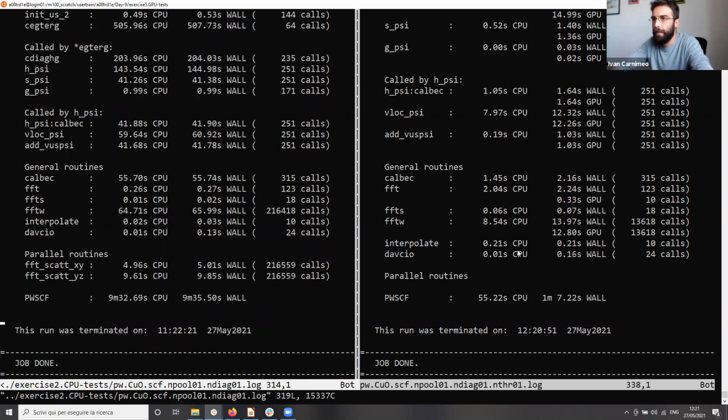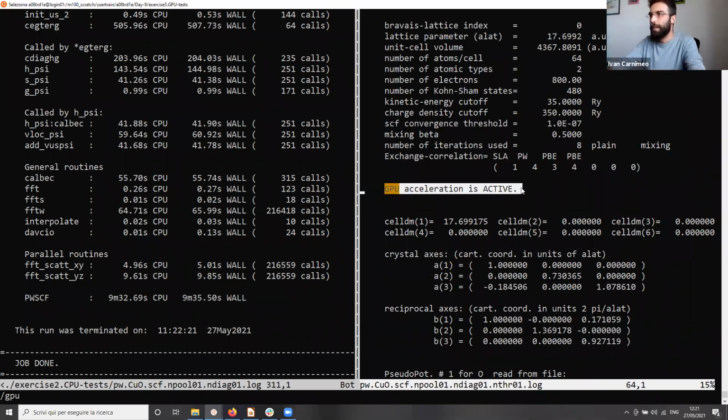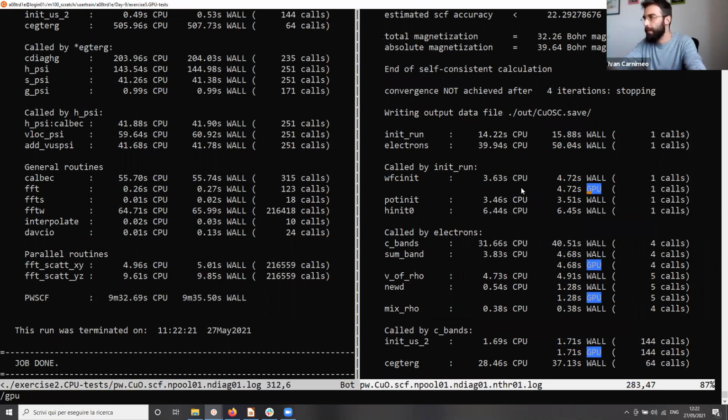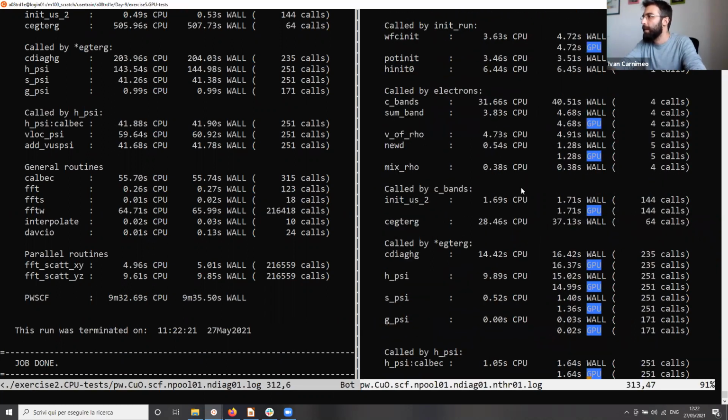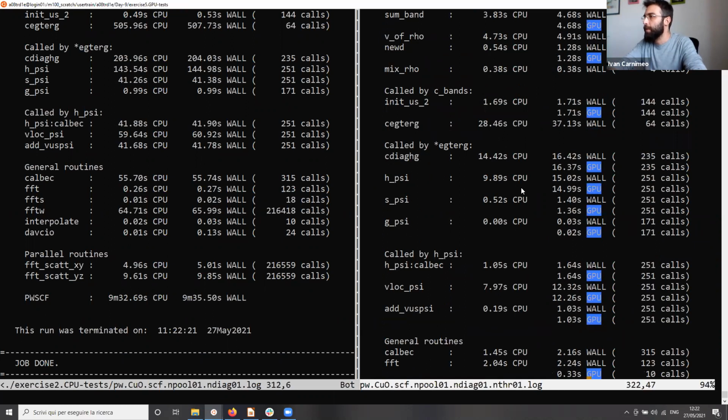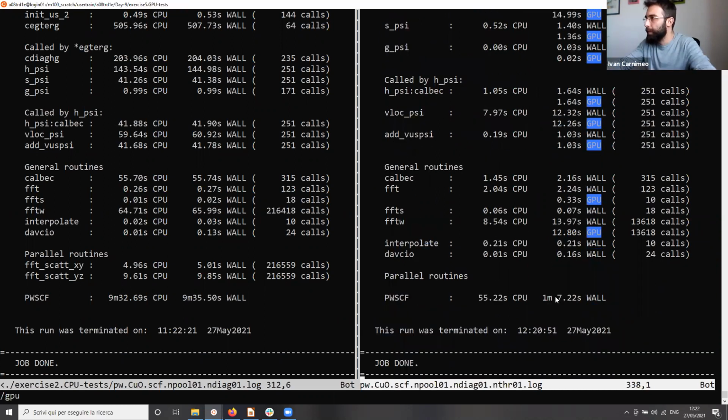When you run with GPU, you can find the string "GPU acceleration is active", which confirms that the calculation has effectively deployed GPUs. If I search the same string here, of course, I don't find anything. You also find the execution times on GPU. But the most important thing is that here it is 1 minute and here it is 10 minutes.